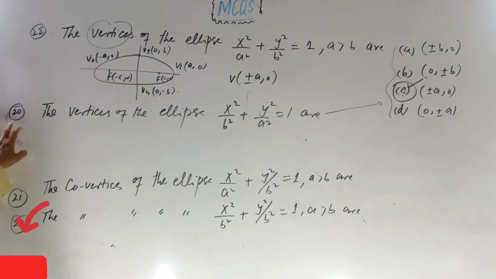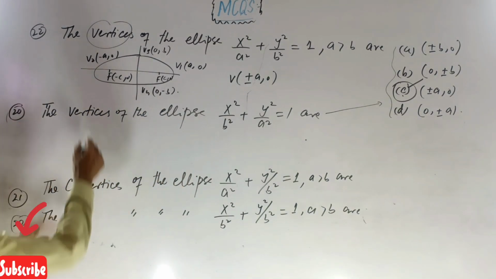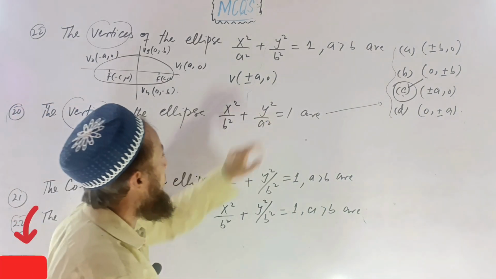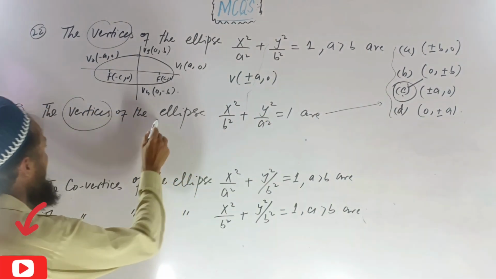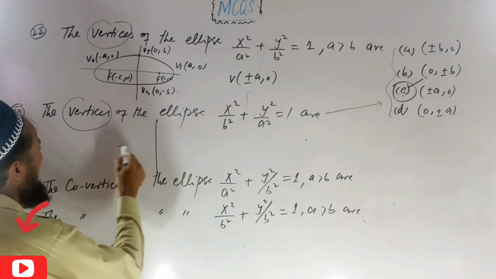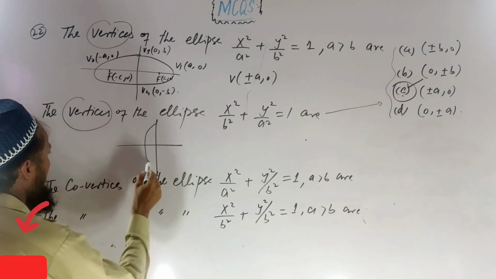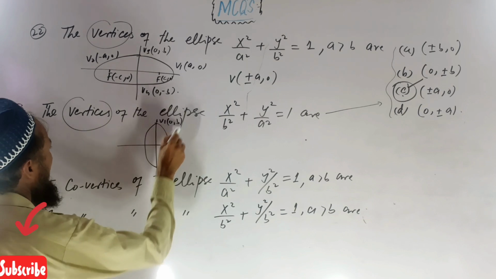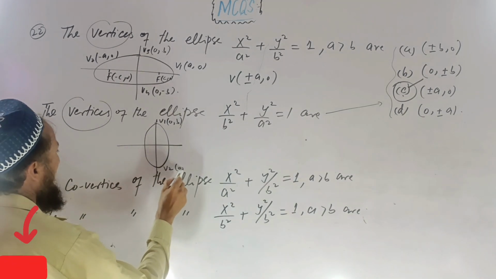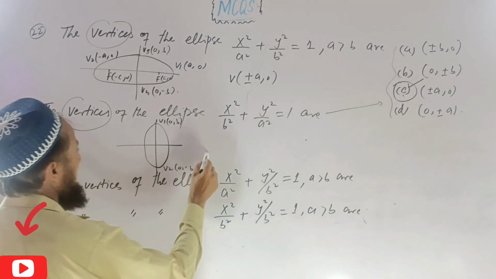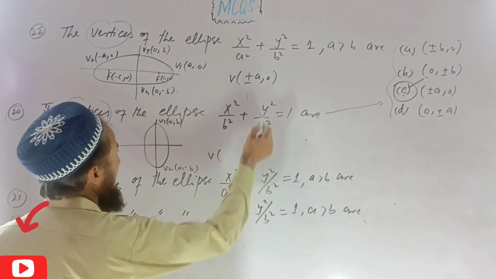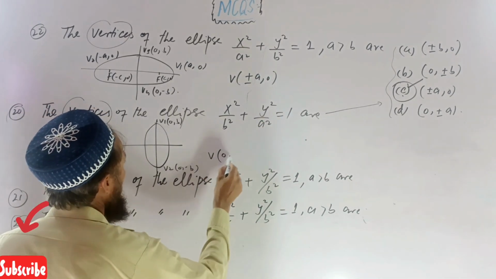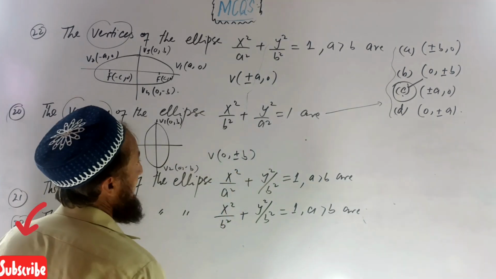So question number 20, the vertices of the ellipse x square divided by a square along y-axis. Now the ellipse is changed along the y-axis. So this time the vertices are 0 and B, and 0 and minus B. So vertices means they are along y, A is greater than B. So along the y-axis, 0 and plus minus B in this case.